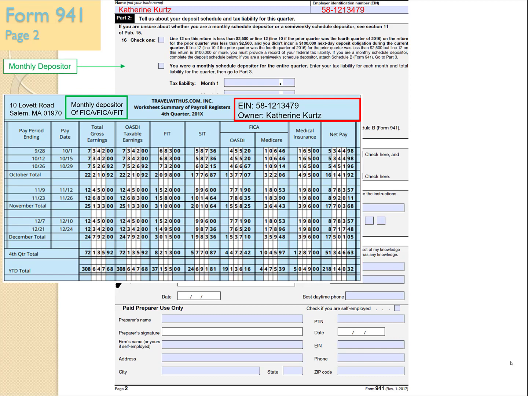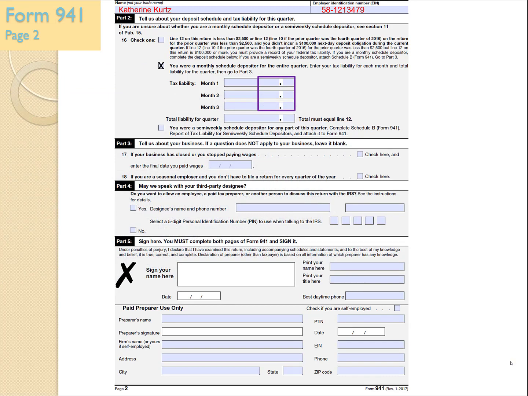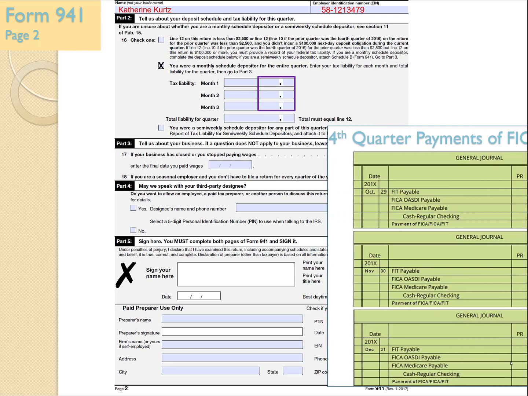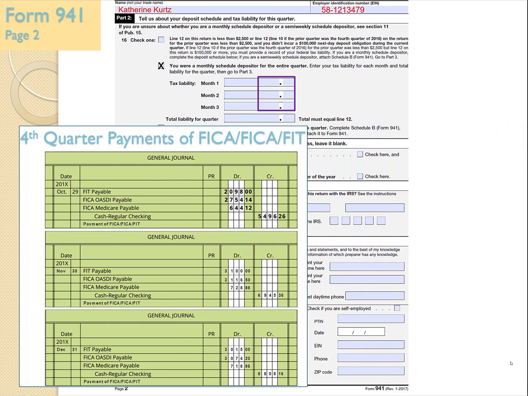So we're going to put an X where it says you were a monthly depositor for the entire quarter. Now we need to fill out the tax liabilities for month 1, month 2, and month 3. We're going to get that from our journal entries.